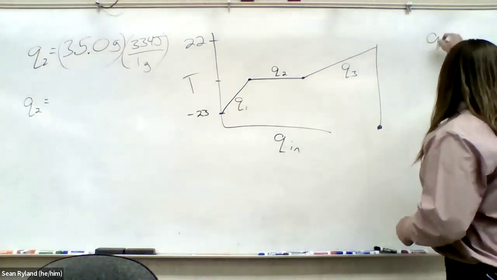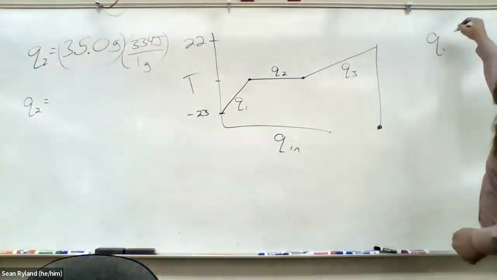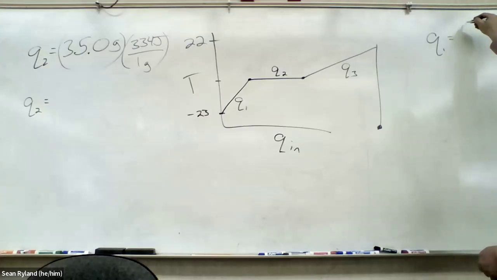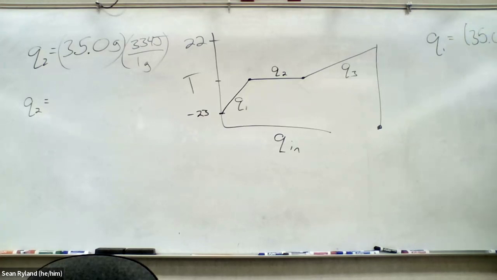So Q1 is when it's still ice. It's 35 grams. Use the specific heat of the ice, 2.11 joules per gram degree Celsius. And delta T, final minus initial.